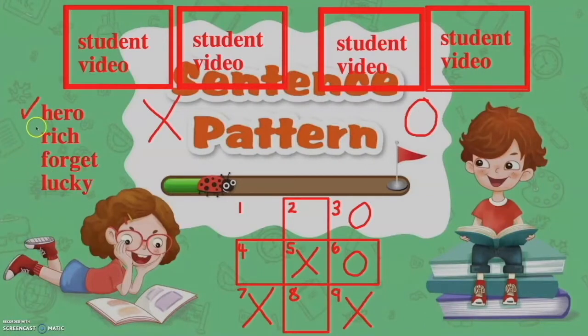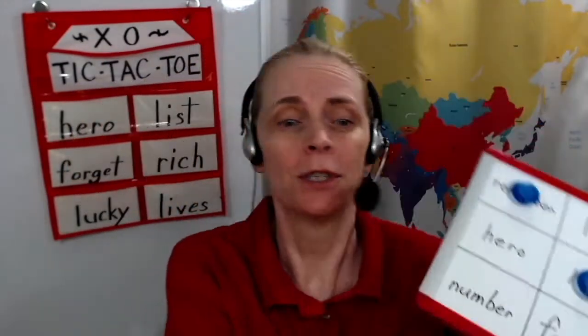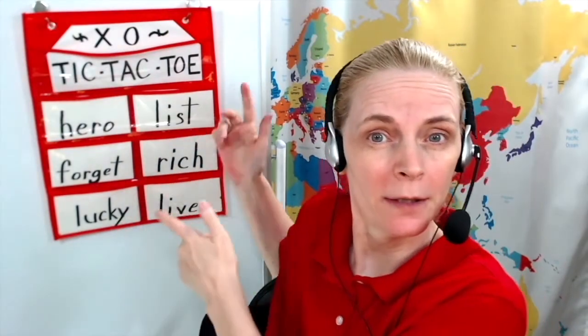Okay, what word would you like? Rich. All right, one sentence, please. I want to be rich. Well done. Nice job. Next. Lucky. Okay, your sentence. My friend is lucky. Oh, dang. Oh, yeah. Yay! Okay, whose turn is it? Which word?